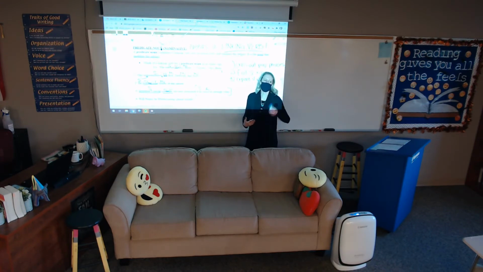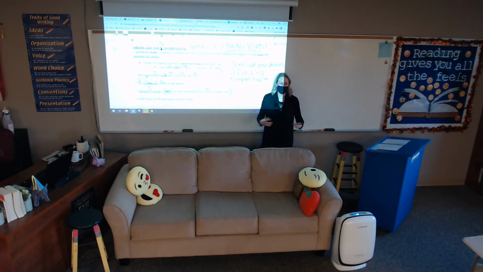Okay, I'll stop picking on you. Maddie, how do we find our direct object? Yes. What are our questions that we ask? Yes. He receives what? So Maddie, what is our direct object back here? Yes.